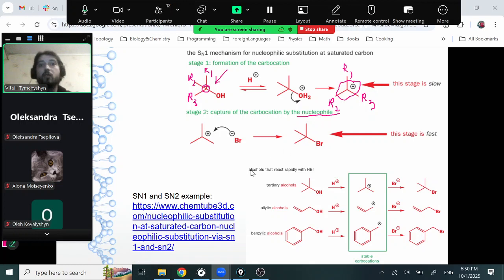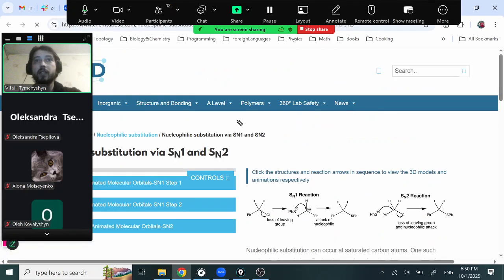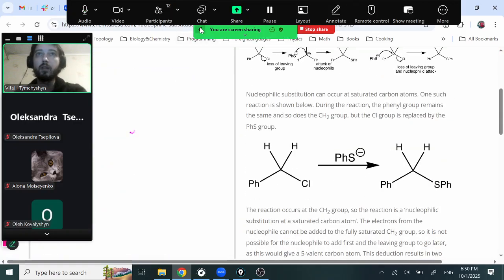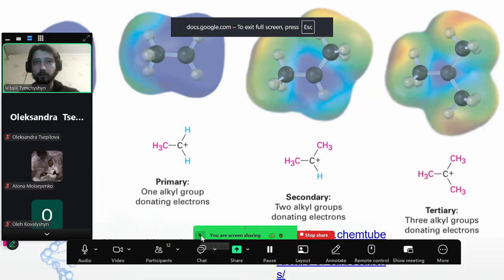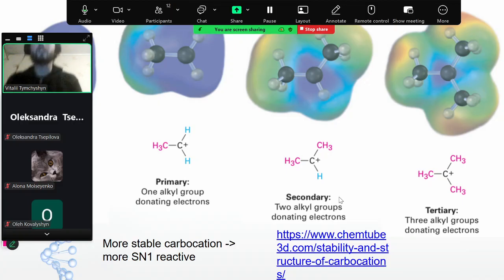So that's why SN1 reactions will create a mixture, probably a racemic mixture, of different chemicals. Good, here is the comparison, maybe. No, let me say a few words more about SN1, and then we will move to the SN2 reaction.